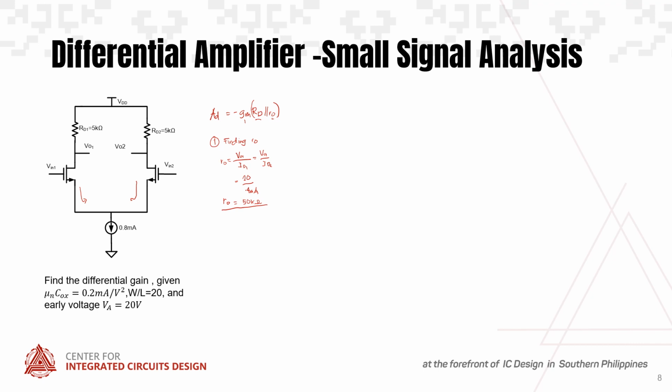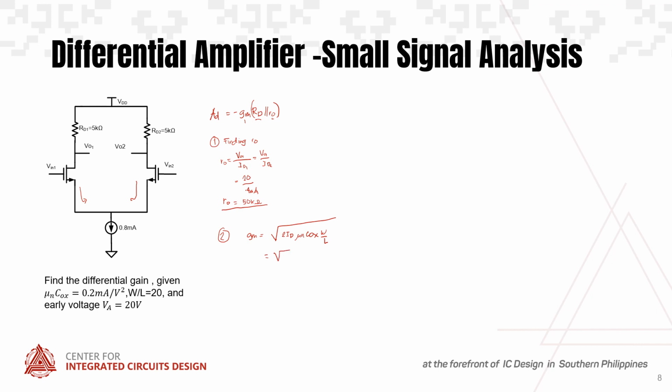The second step is to find the GM, or the transconductance. To find GM, we know the formula of GM in saturation: square root of 2 ID times mu n COX W over L. We already know ID, mu n COX, and W over L, so substitute.